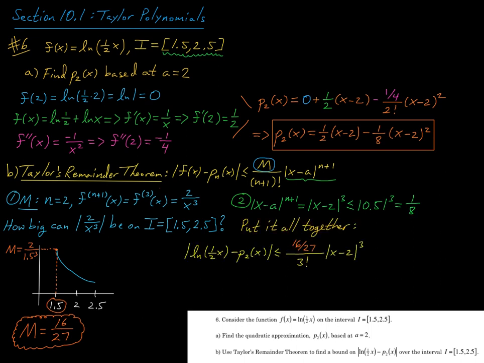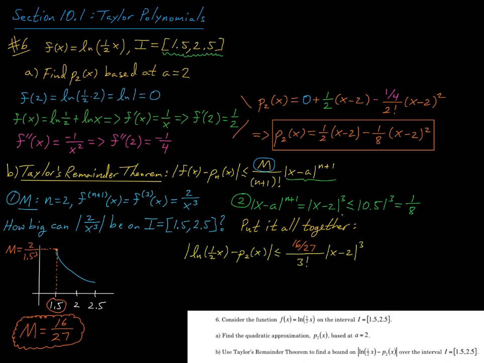Okay, so now what we're going to do is put this all together. Taylor's remainder theorem says that the absolute value of this difference can be no larger than M, which we found here is 16/27, divided by n plus 1 factorial, so that's 3 factorial, times the absolute value of x minus 2 cubed.